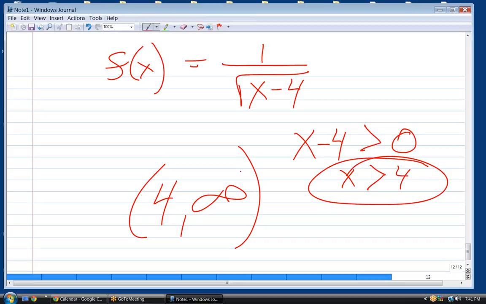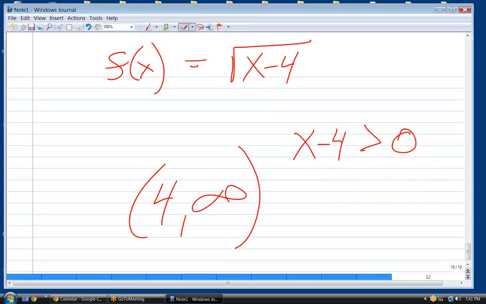If x could be equal to 4, in other words, let's change the problem so that the problem is this. Now, x minus 4 has to be greater than or equal to 0, which means x would be greater than or equal to 4, and in interval notation, that would turn that into a bracket instead of a parenthesis.